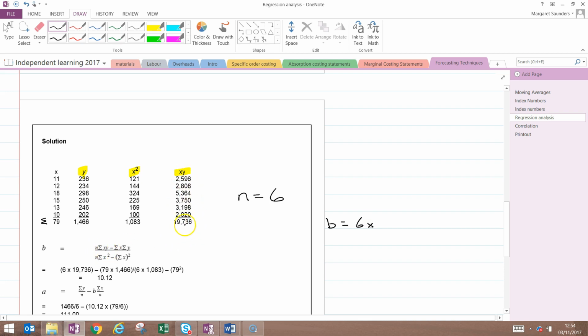So the total of XY is 19736, minus sigma X, which is the total of the X column, times sigma Y, which is the total of the Y column.